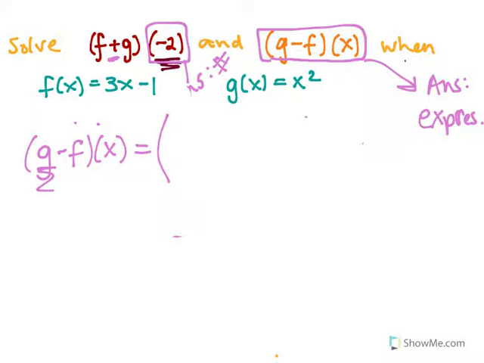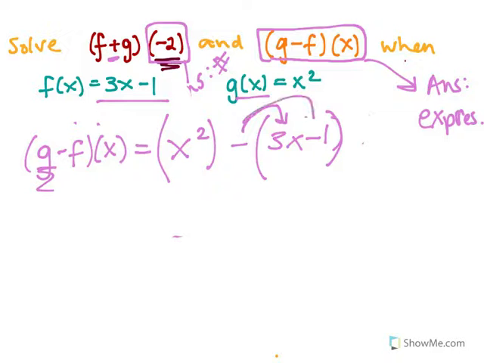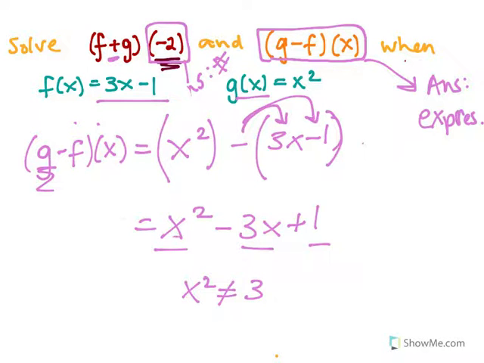So I'm going to rewrite the expression for g(x) in parentheses, minus, and then the expression for f(x) in parentheses. I have to put these in parentheses because this negative sign has to be distributed. So we end up with x squared minus 3x plus 1. In this situation, none of these can be combined because x squared is not the same thing as x.